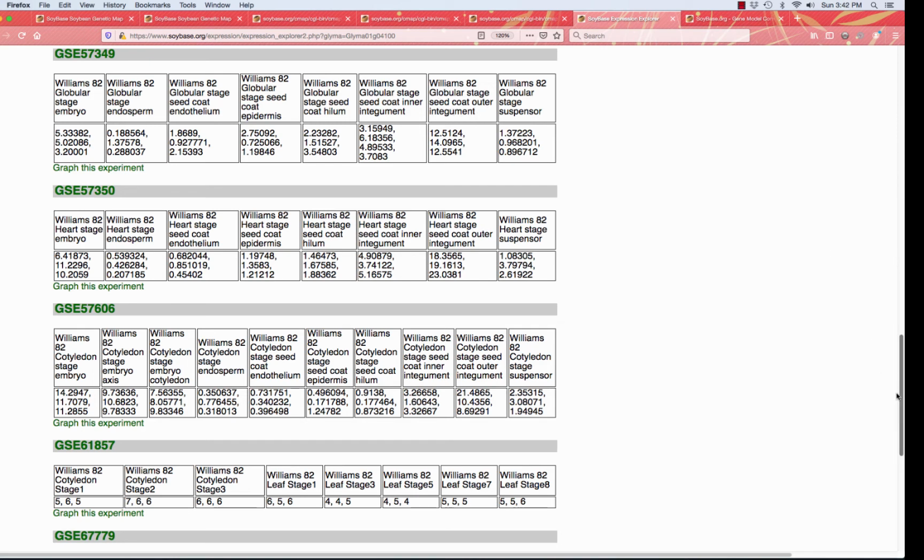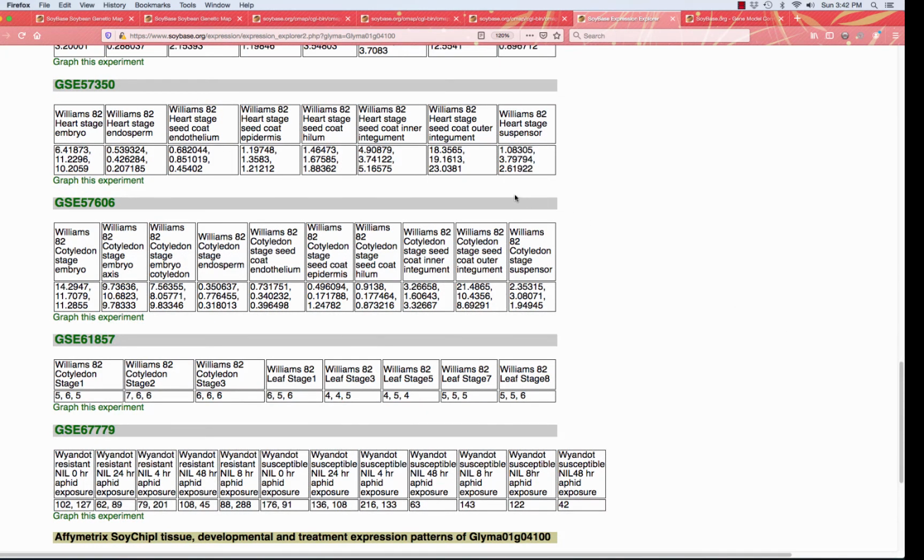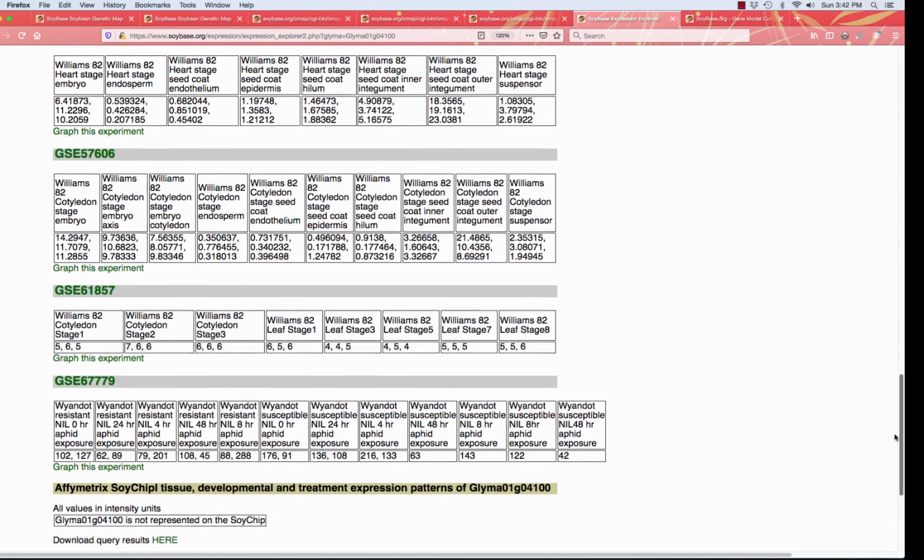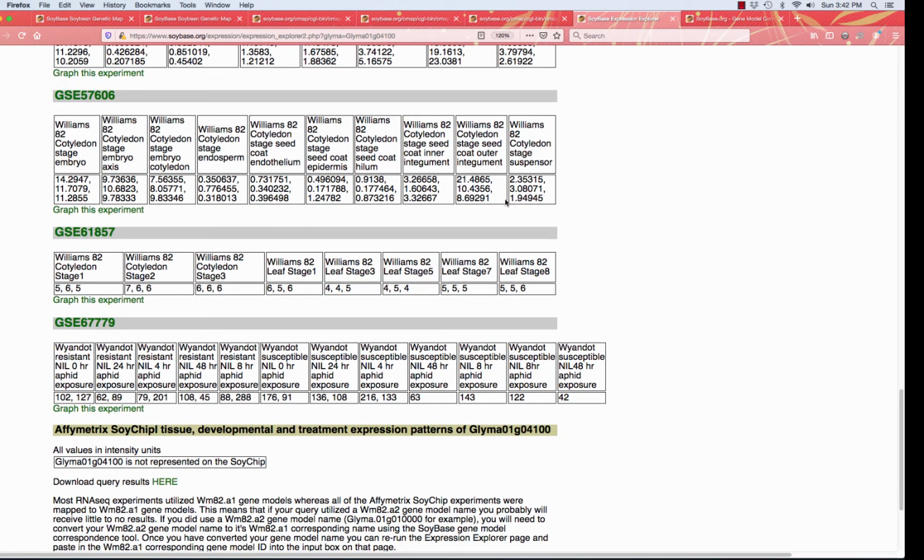And if we look down a little further, we can see that at the heart stage in Williams 82, seed coat outer integument again was the tissue that had the most expression of this gene. And then we look at this again at Williams 82. We got cotyledon stage seed coat outer integument again had one of the highest expressions.